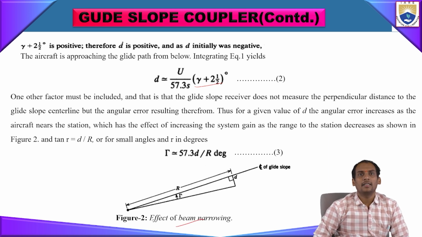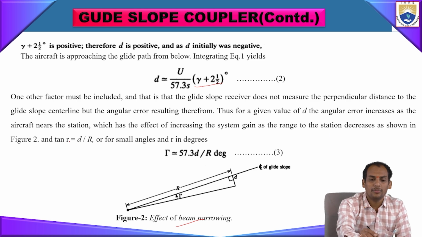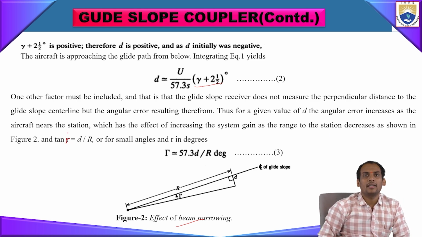So there the tan d, that means this tan tau. This is tau only. So this tau angle we have calculated with d by r only. So for the small angle, the r is the radius, and that r will be in degrees or radians.